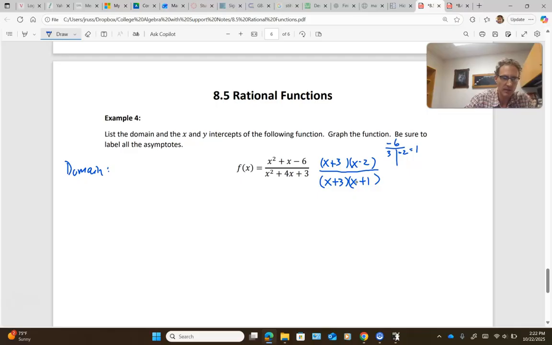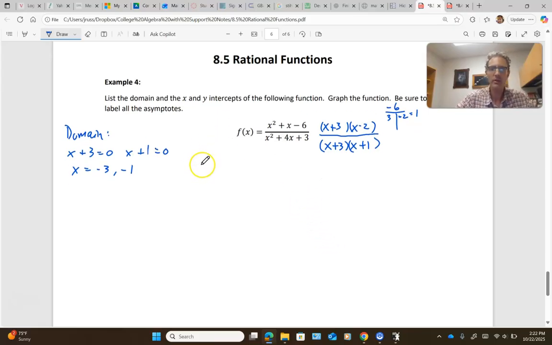To find the domain, I'm going to set each of those factors equal to 0, and I'm going to get x is equal to -3 and -1. Those are my 2 exclusions. So the domain is going to be all real numbers except for those 2.